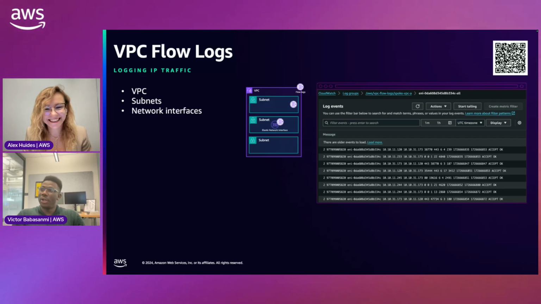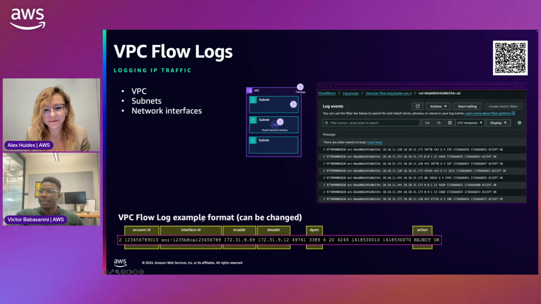All right. So flow logs. I have an example of what the logs look like, basically what the fields in a log entry look like.